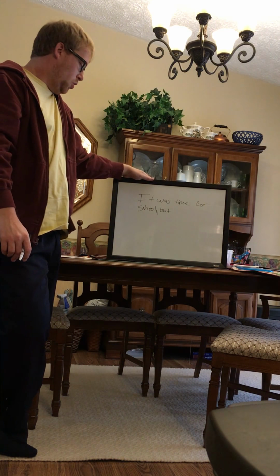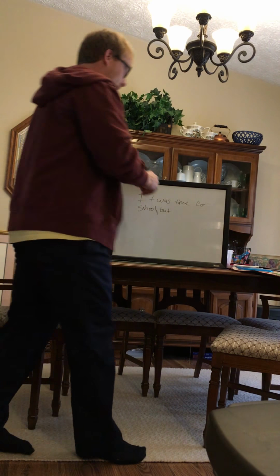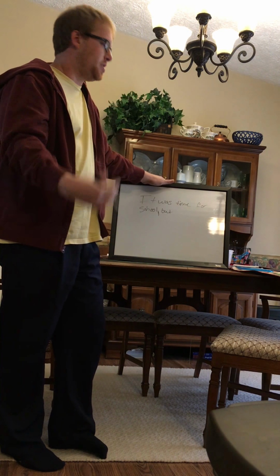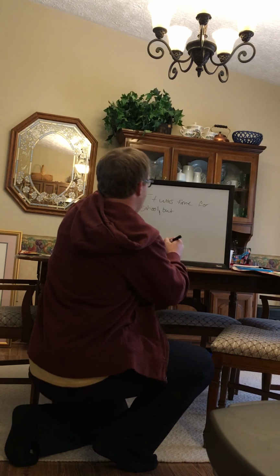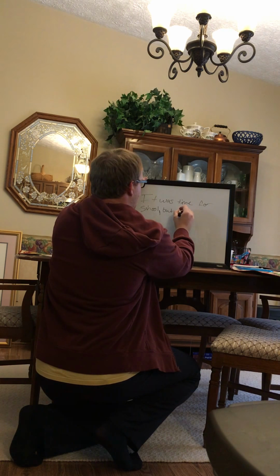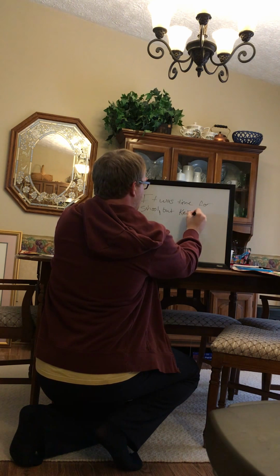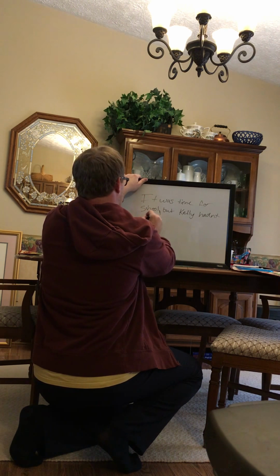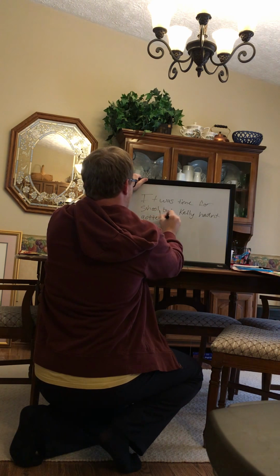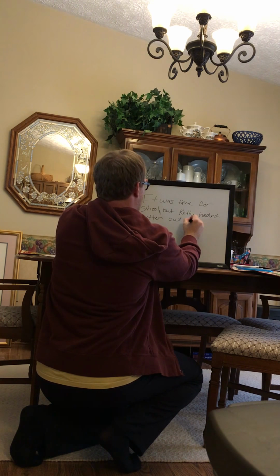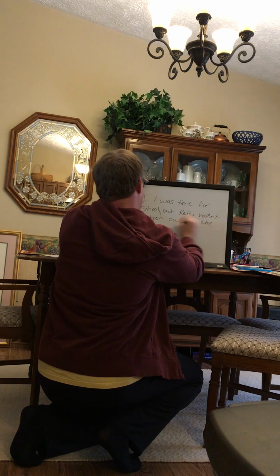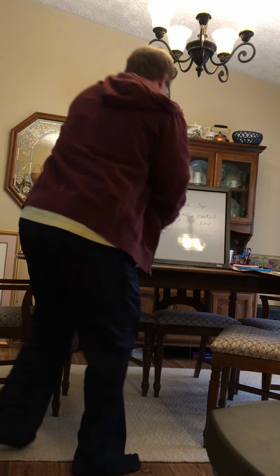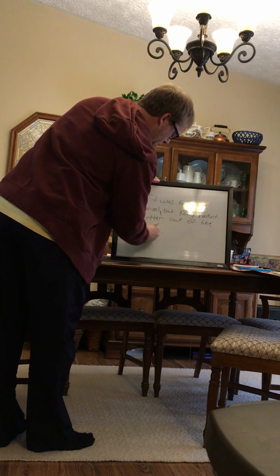So, it was time for school, but, and the comma is used to show a pause in your voice or a pause in the sentence. It was time for school, but Kelly hadn't gotten out of the bed yet. So that's one way that commas are used.